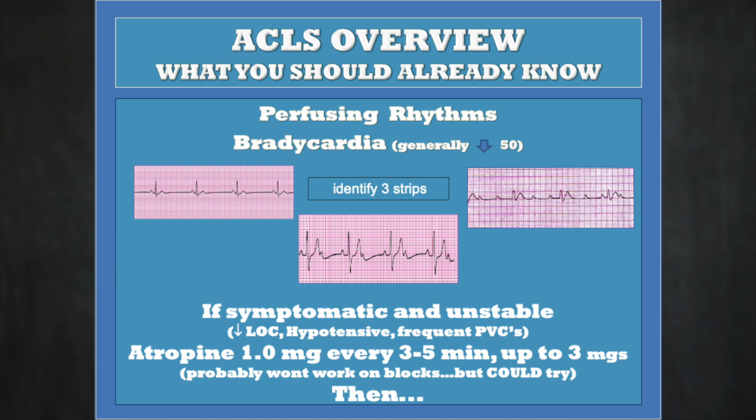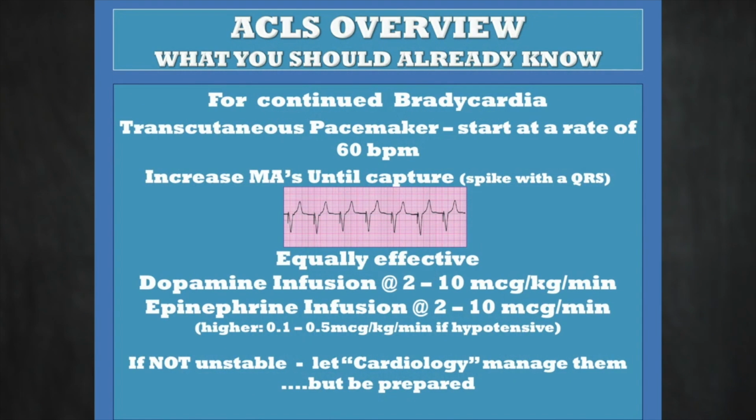per dose. If the patient has a heart block, we may use the atropine or we may use a pacemaker to manage that patient. But also that patient who has a bradycardia that doesn't respond may get dopamine as an infusion or epinephrine as an infusion.